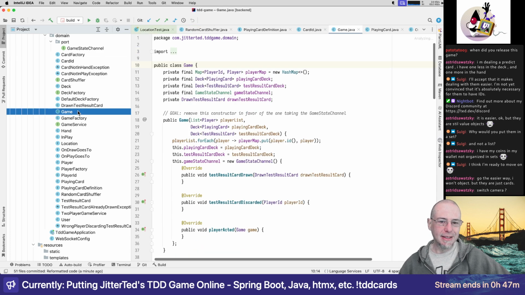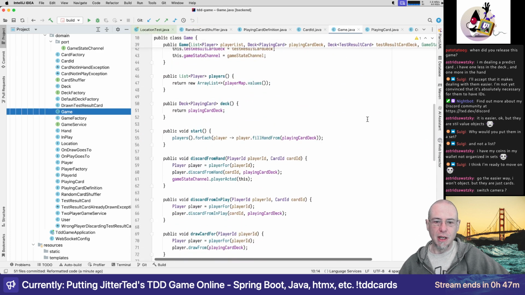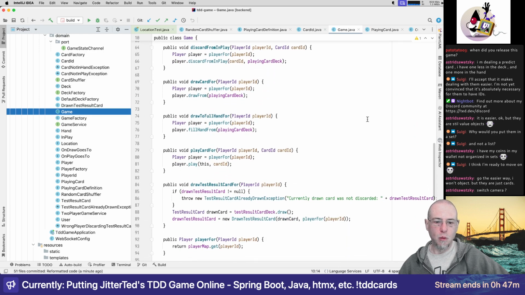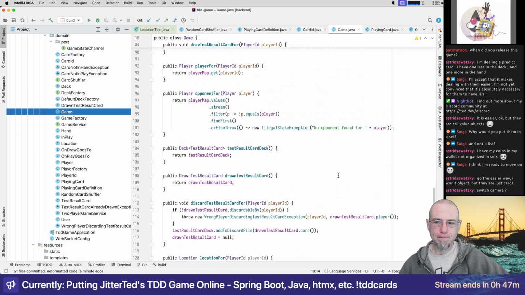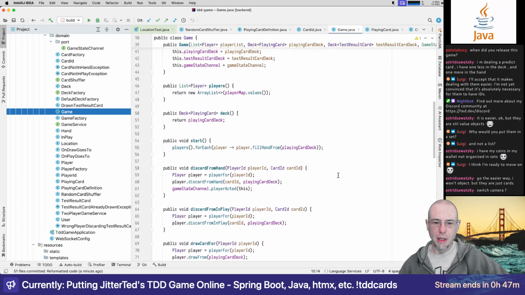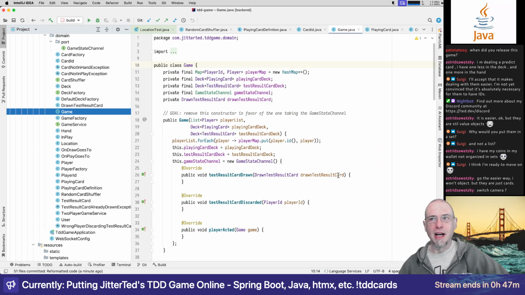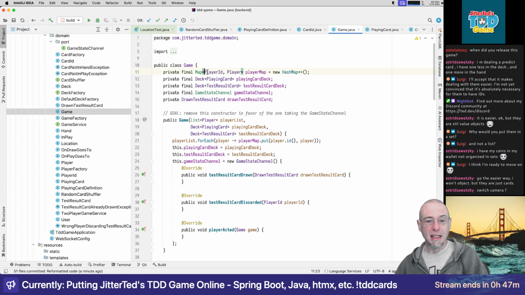So the fact is game is currently where the action's happening. One of the problems built into game right now, or one of the limitations, is it's kind of assuming a two-player game. It does have a map of player IDs to players.